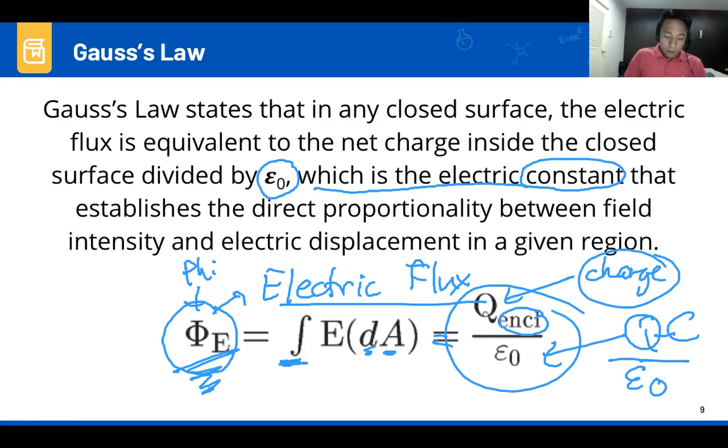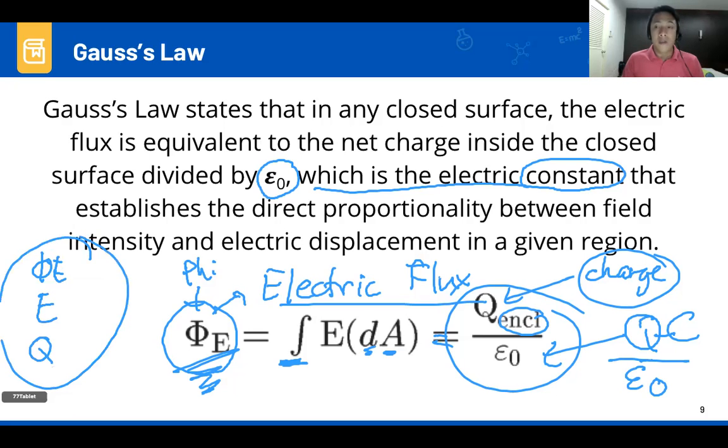We can find the electric flux, we can find the electric field, or the magnitude of the electric field, and also we can find the charge. So ito lang yung mga hinahanap natin. So kapag sinabing Gauss's law, ito lang yung process. Ito lang yung parang pinakapangalan ng general form or general formula para mahanap ang isa sa mga to.